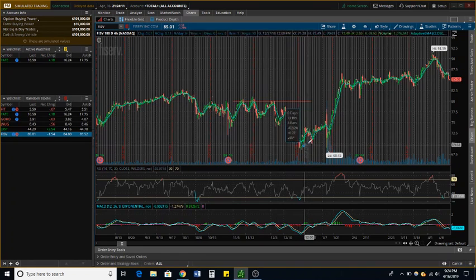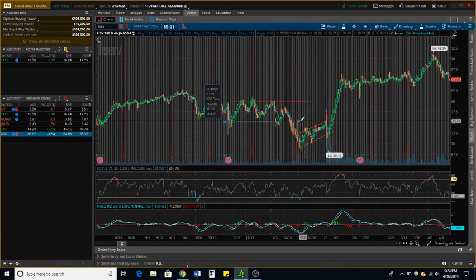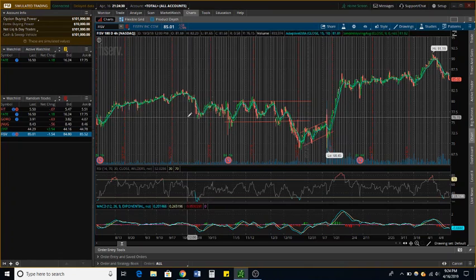It was sort of just climbing up here, and then it had its resistance back here. It had support here, resistance here. Support at about 83.19, and there was a resistance at about 85. So it's kind of trending between there.